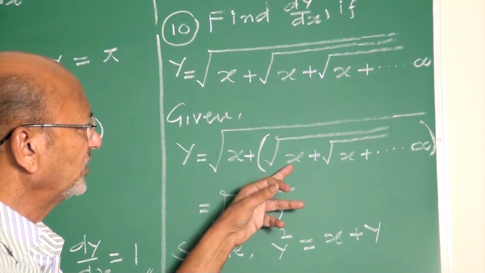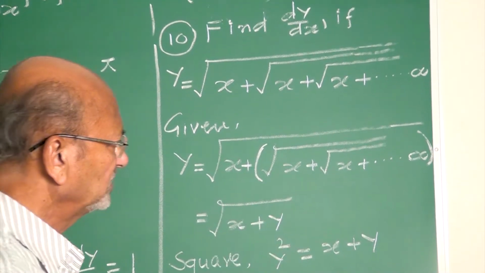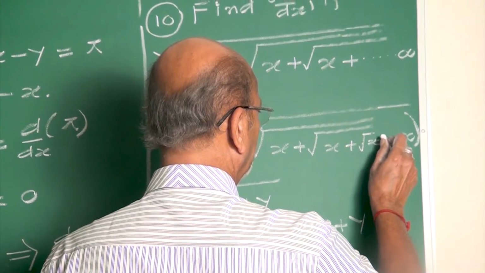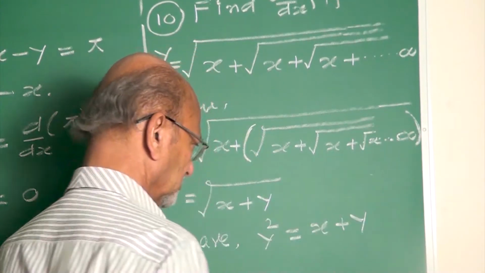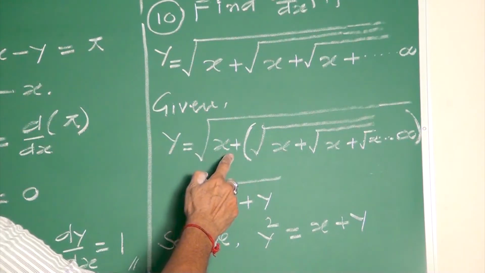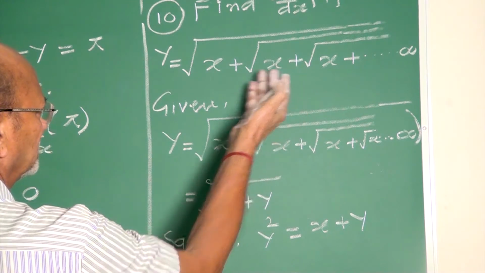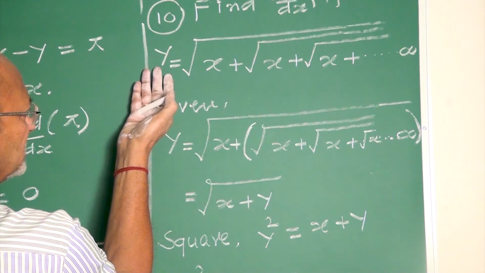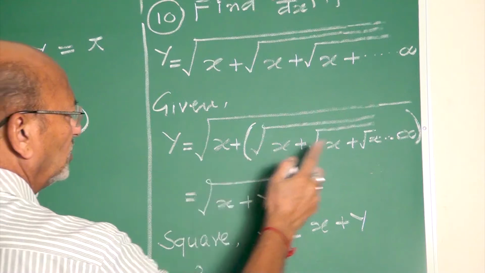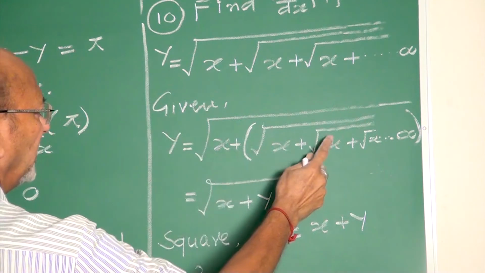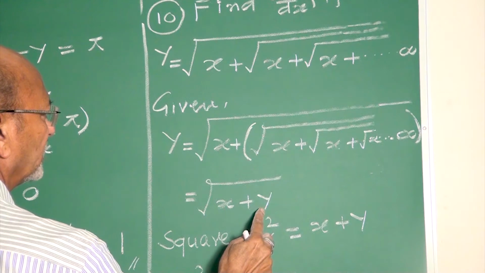It is root x plus root x plus root x, like this, my friends, infinite. X plus this bracket is nothing but RHS. RHS is nothing but LHS. What is LHS, my friends? Y. So the bracket becomes y, that value of the bracket is substituted as y.